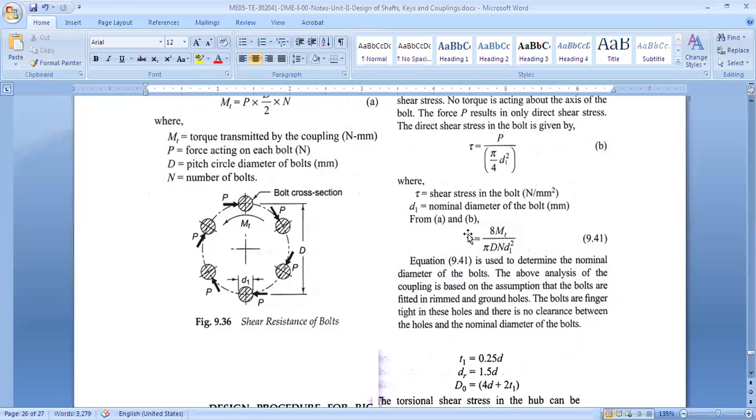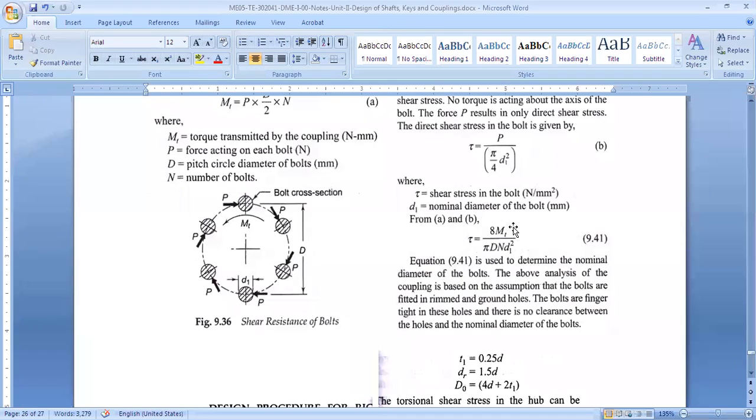If we know the allowable shear stress, how can we find it out? Tau is equal to 0.5 into SYT upon factor of safety. We did it many times. Allowable shear stress in a shaft is 0.5 of SYT upon factor of safety. So we know allowable shear stress.